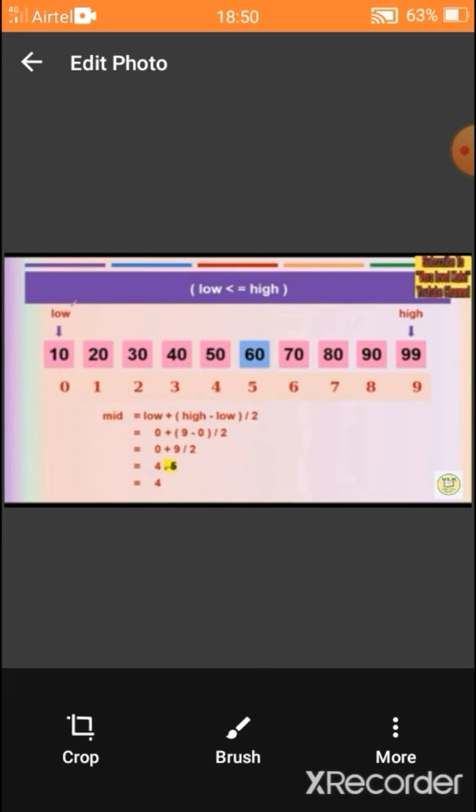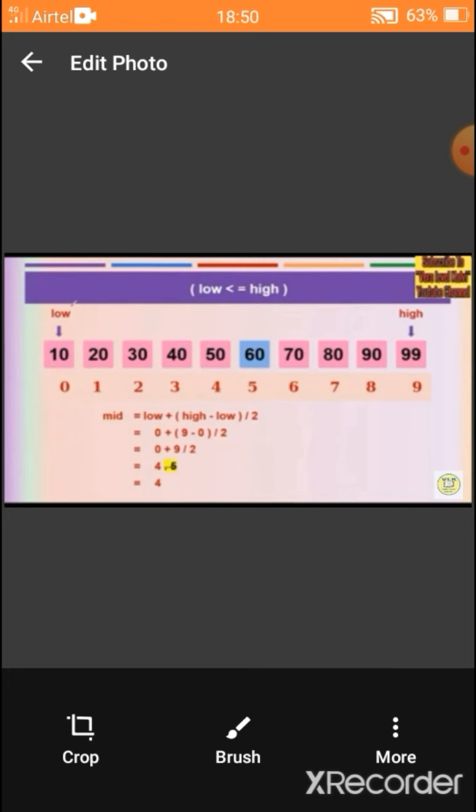Then divide the value by 2. After that, add the lowest index value. Just look. Low plus bracket of high minus low, close bracket, divided by 2. This is the formula for the middle value.